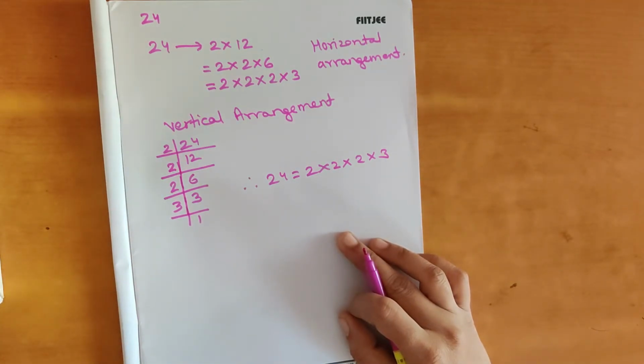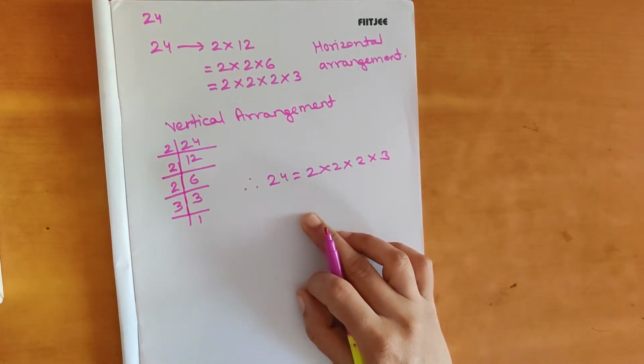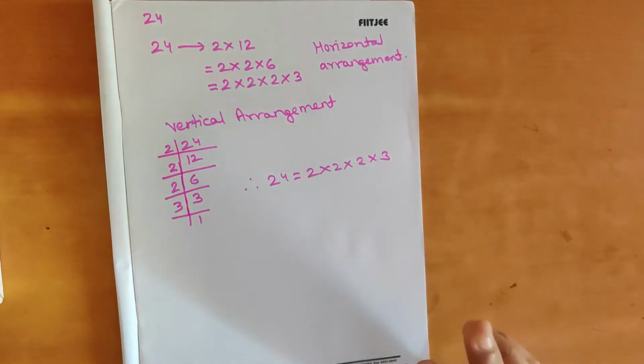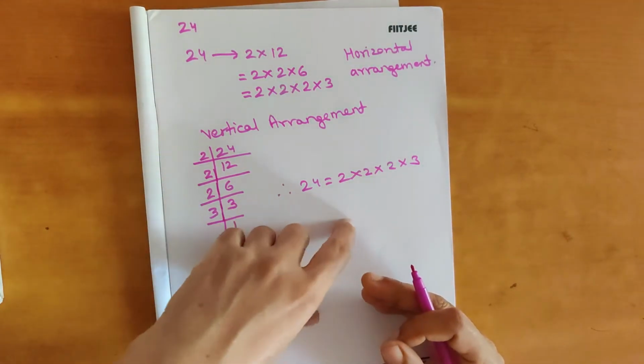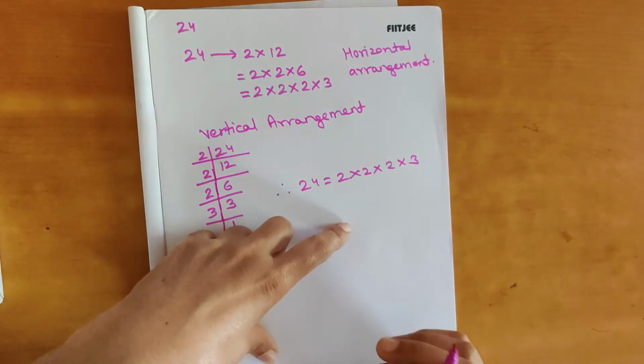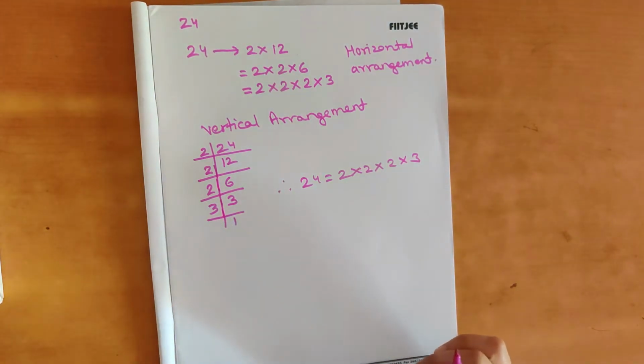To write a given number as a product of its prime factors is to factorize it into primes. When we start factorization, we always go from the smallest prime number to the bigger prime numbers, but they should be prime numbers.